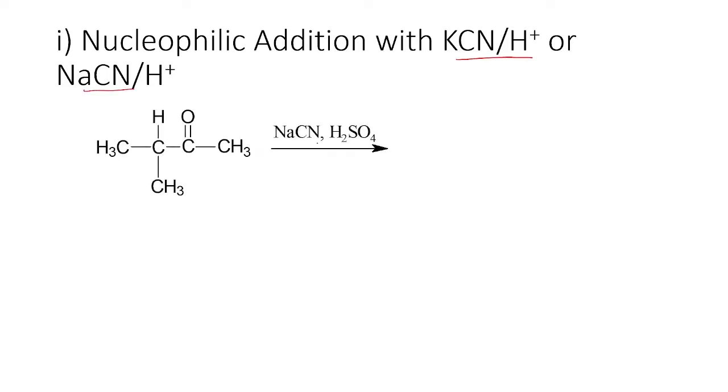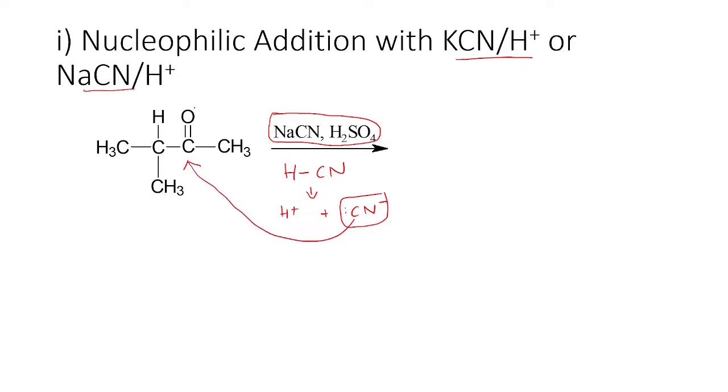What actually is being formed from NaCN and H2SO4 is HCN, which will break into H plus as I told you earlier, H plus and CN minus with one lone pair. So in this nucleophilic addition, this is the nucleophile, and it will be attached to this carbon. The OH here will be attached with H, and H here is from the acid.